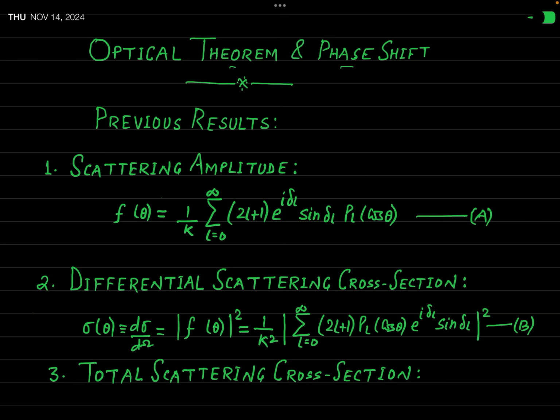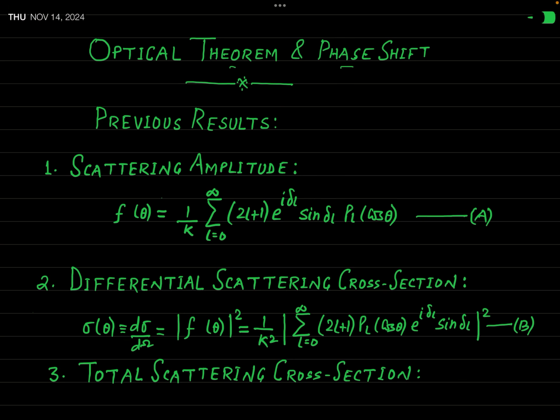Actually, you have seen that in any final result of the method of partial waves, we always encounter a quantity which is called phase shift, denoted by the symbol delta L, the phase shift of the Lth partial wave.